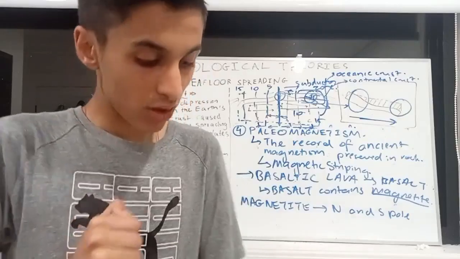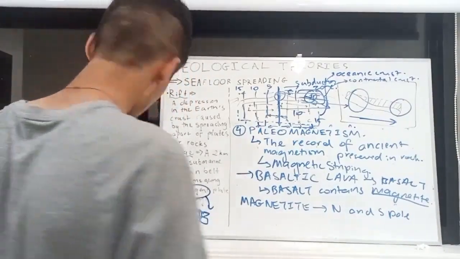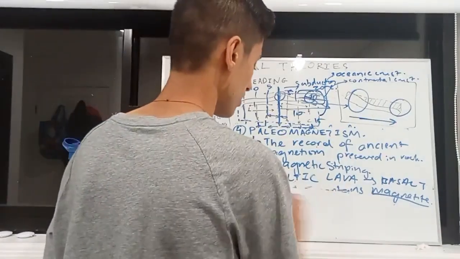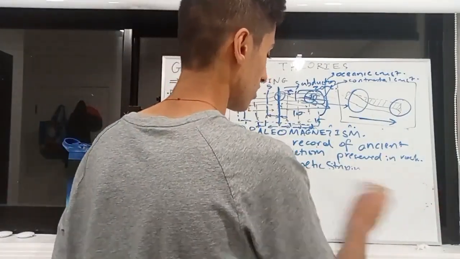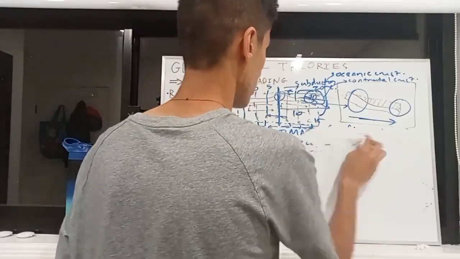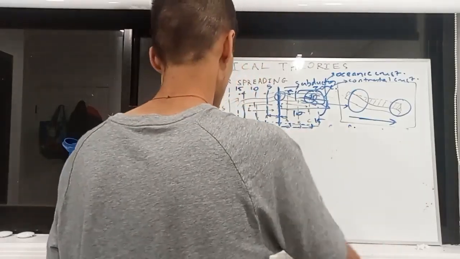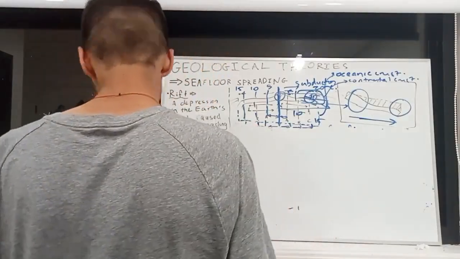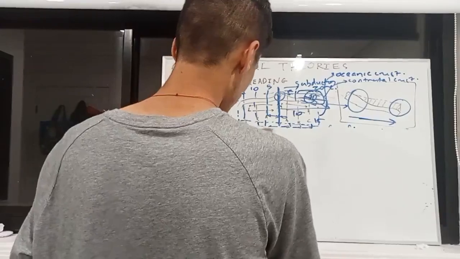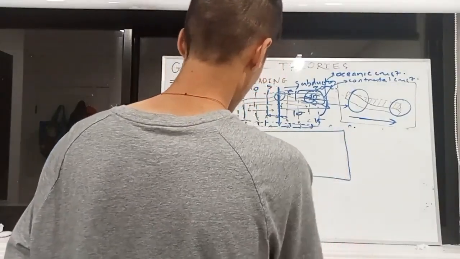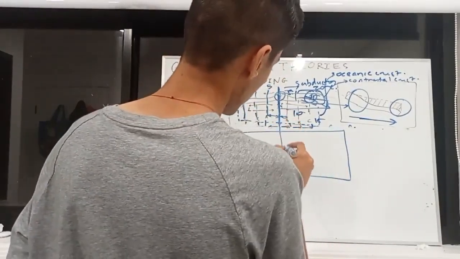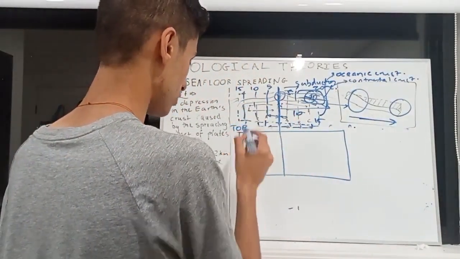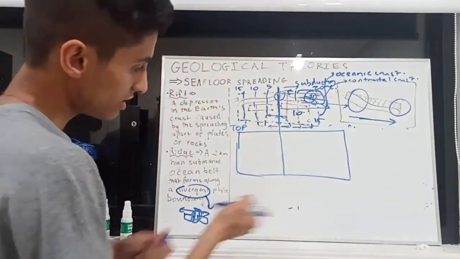And so what they found is that we'll need another diagram for this. What they did was that they took a bird's eye view. This is the top view of this. This is the ridge.